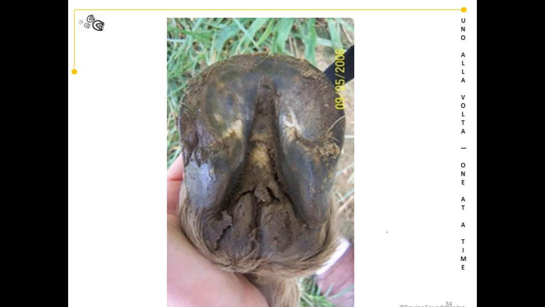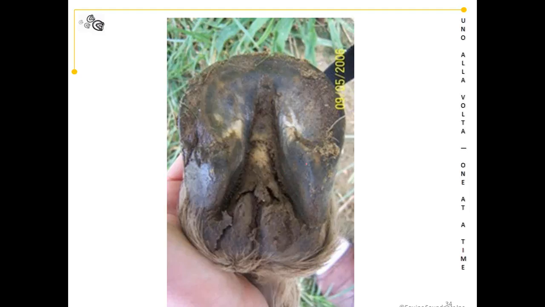So then we have another problem beside the shedding frog, and that is a constricted or choked out frog. That happens usually with high bars. The bars are here very high. This is all bar. Yikes. And these high bars undermine the blood supply to the frog.